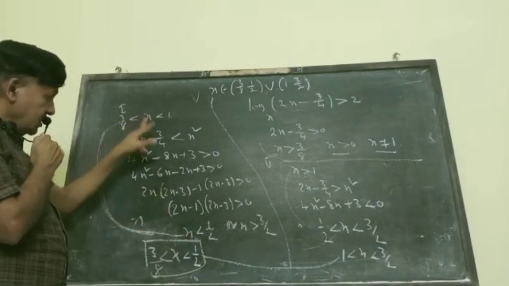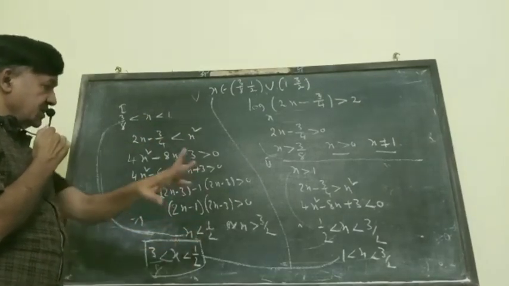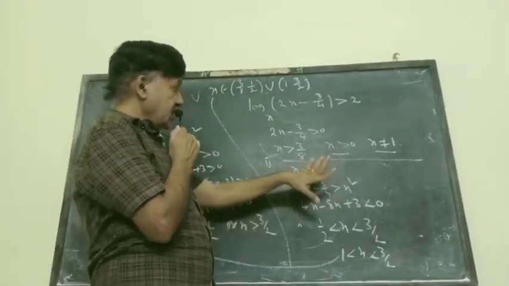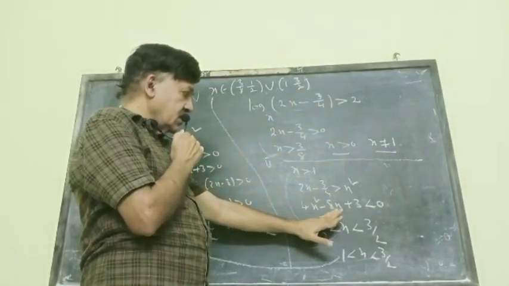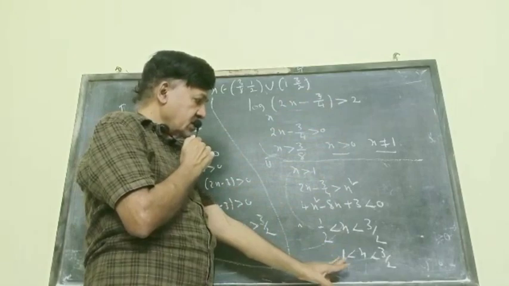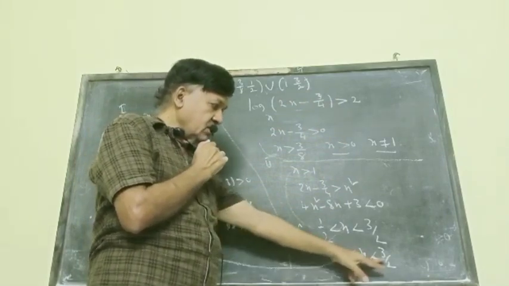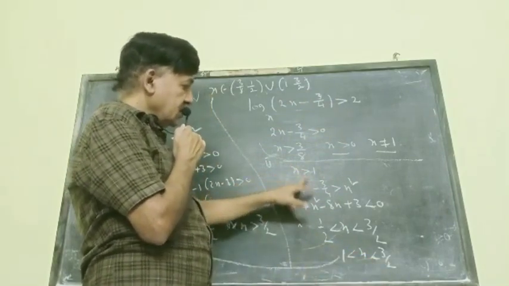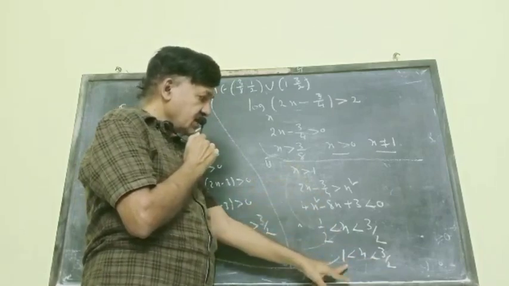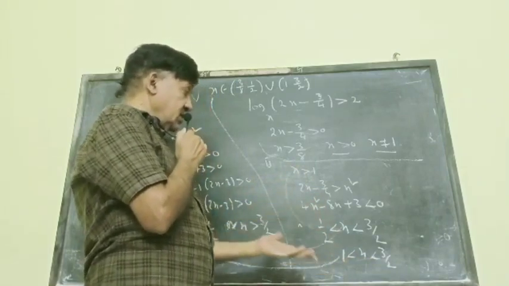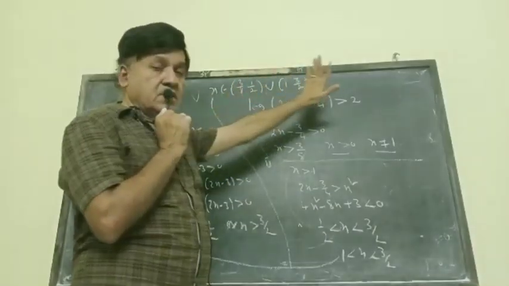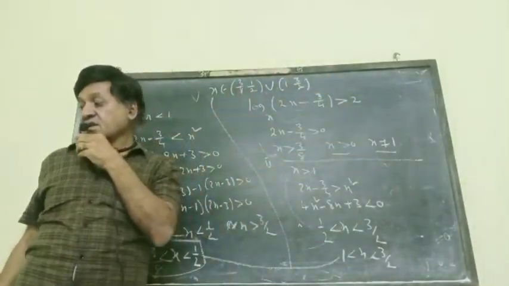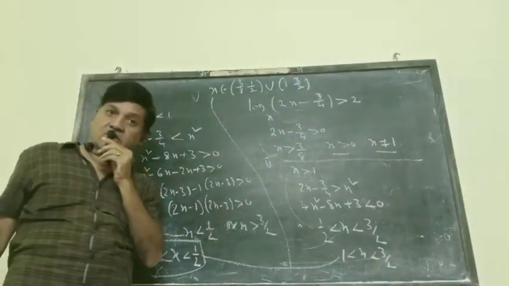Then when you take the intersection with this, you got like this. For x greater than 1, the inequality remains the same. Then solve the quadratic inequality, you will get x value to lie from 1 to 3/2. If you consider the intersection of this, you will get this. Your final answer is what? Case 1 union case 2. This is how you are supposed to think on this.